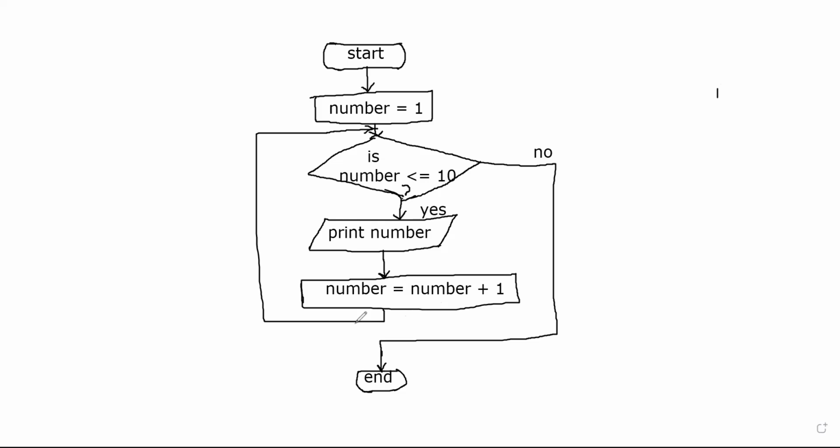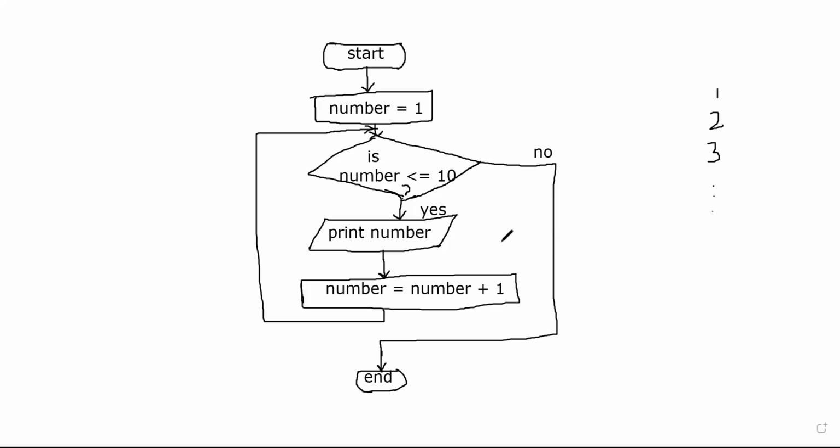So number becomes 2 now. Now you are checking whether 2 is less than or equal to 10. Yes, you print 2 now. Then 2 plus 1, number becomes 3, and you are checking whether 3 is less than or equal to 10. It says yes, and then you print 3.